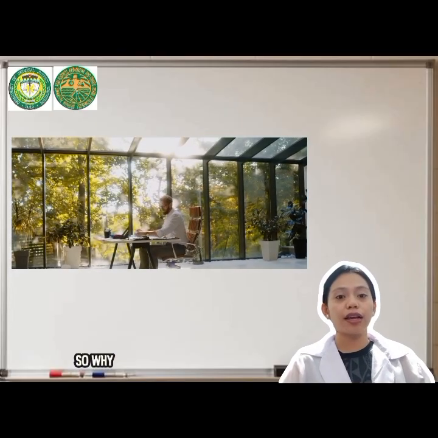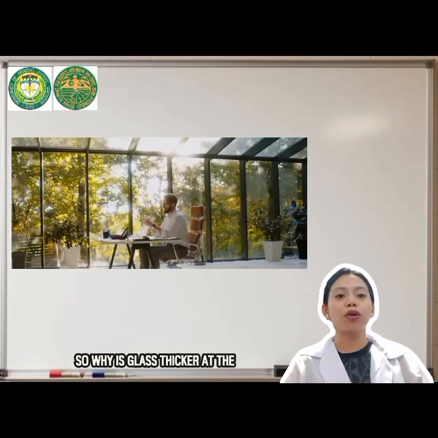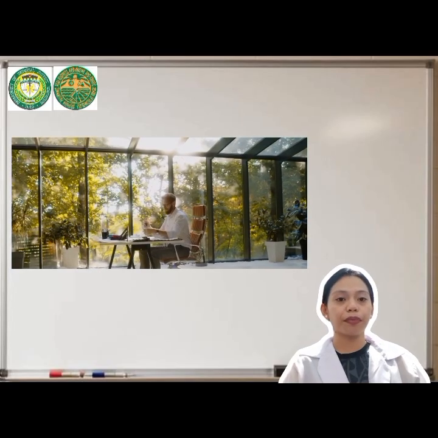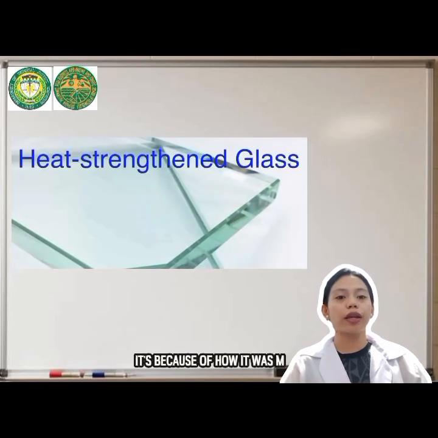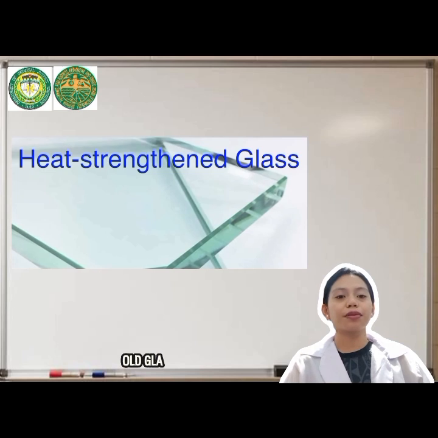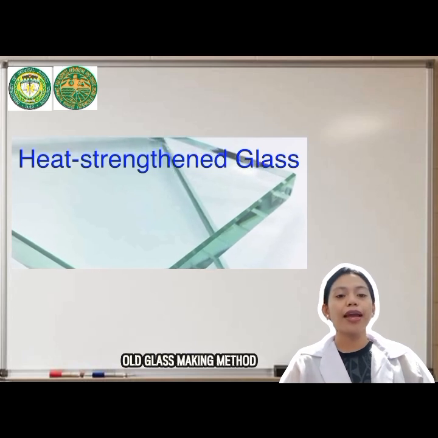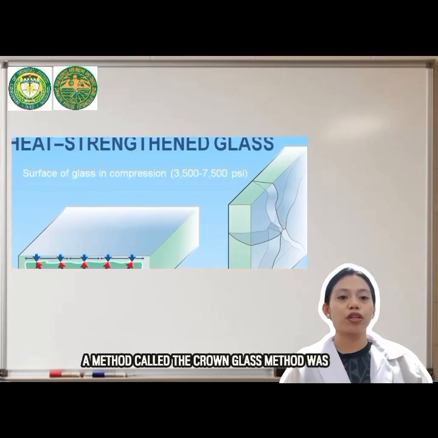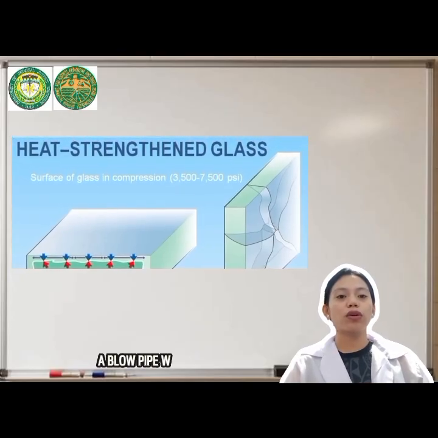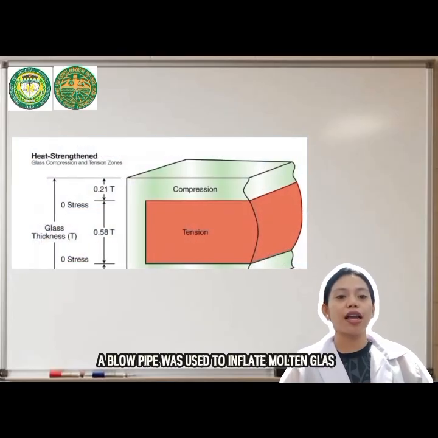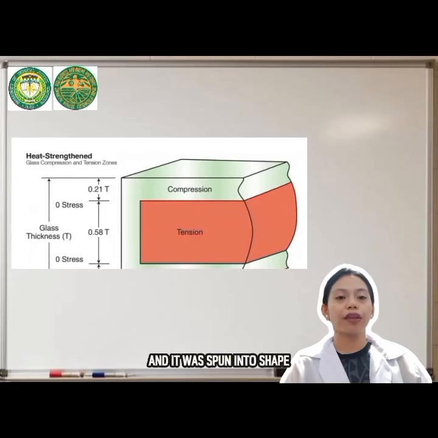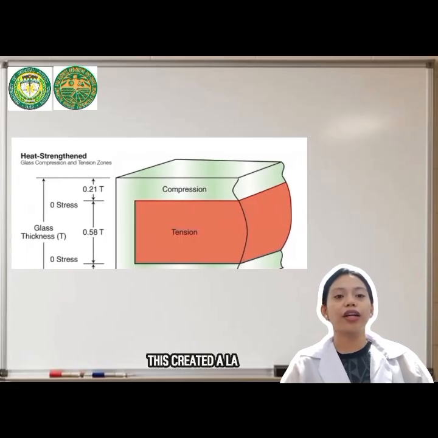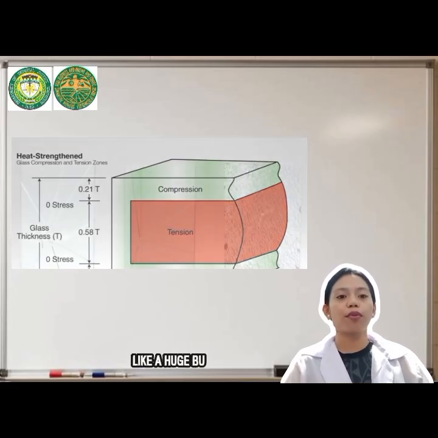So why is glass thicker at the bottom than at the top? It's because of how it was made. Old glass making method: in the past, a method called the crown glass method was used. A blowpipe was used to inflate molten glass and it was spun into shape. This created a large globe, like a huge bubble.